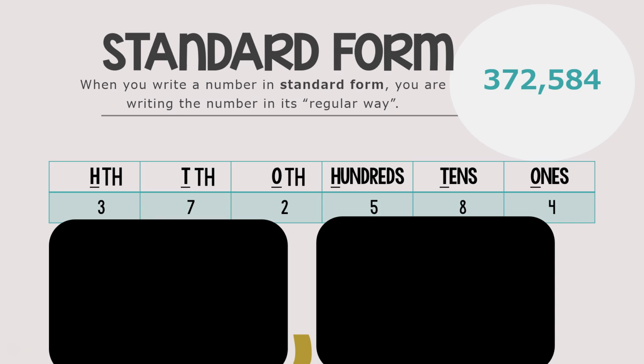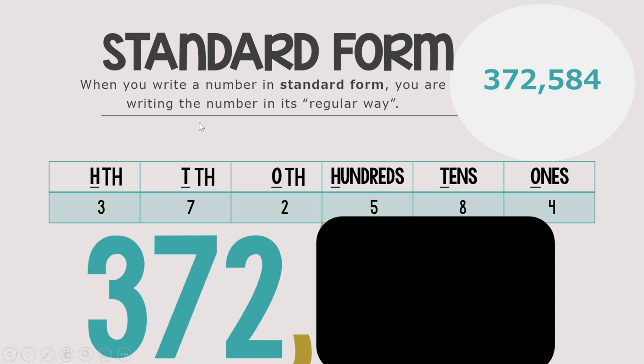Remember, after each period, or each set of 3, I always have to have my comma. When you have a comma, don't forget you say the word thousand. Now let's go on to saying this big number. I'm going to start with my period all the way to the left, and that's my thousands period. I have 372.